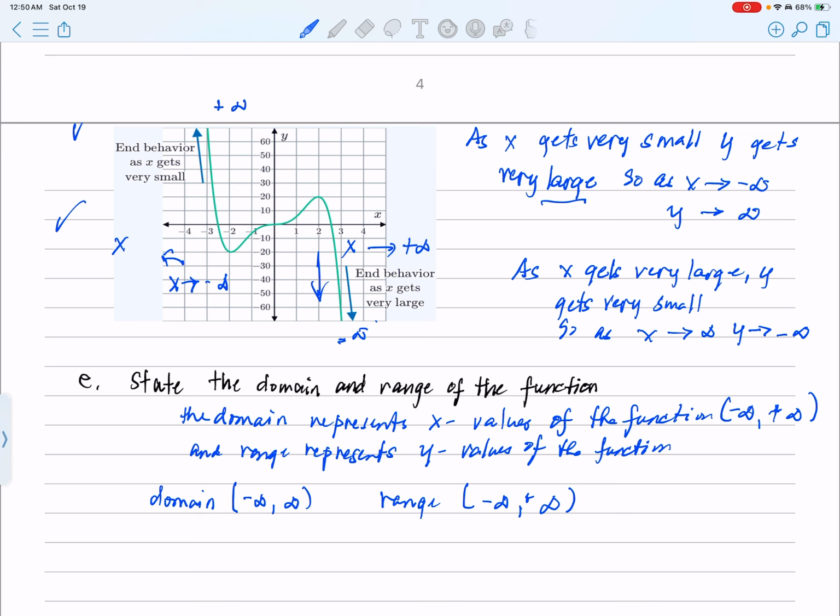As the domain decreases, that is negative infinity, the range increases to positive infinity. Okay? Positive and negative infinity for the range, and for the domain, still negative and positive infinity.